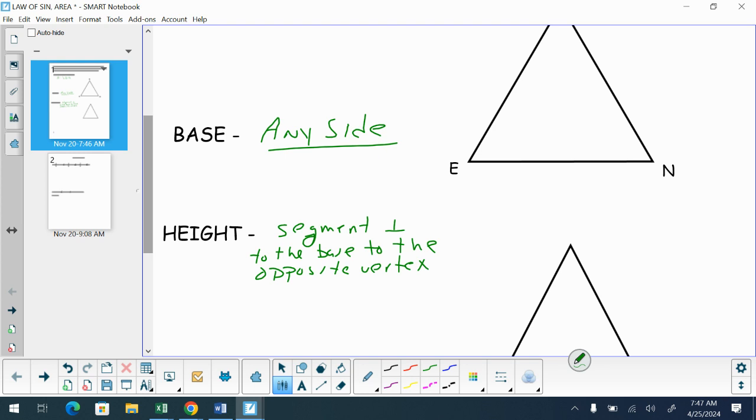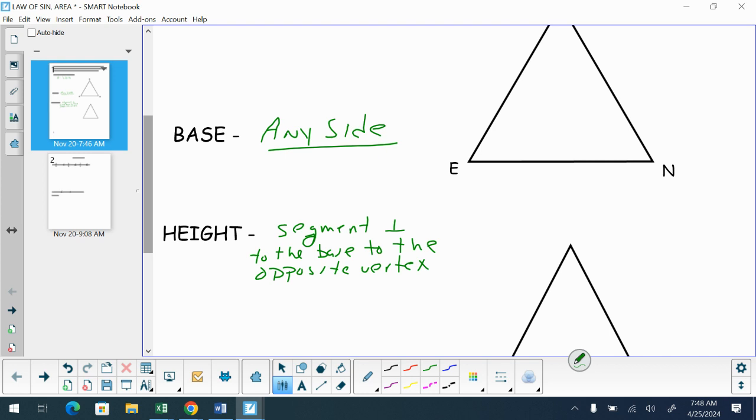It's a segment that's perpendicular to the base and drawn to the opposite vertex. So now that we have defined these two things, we can utilize our idea of an area as 1/2 base times height. But we had to define these two things first.